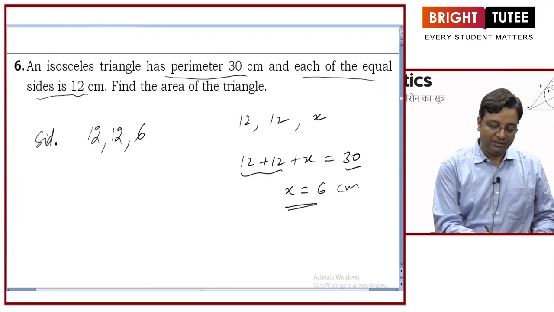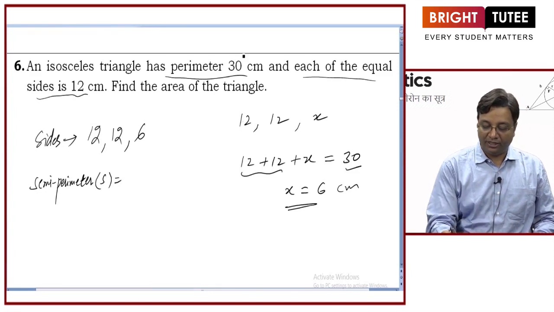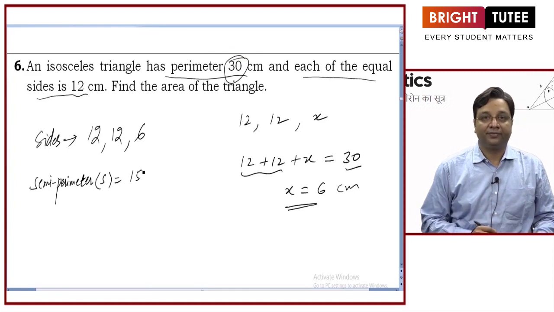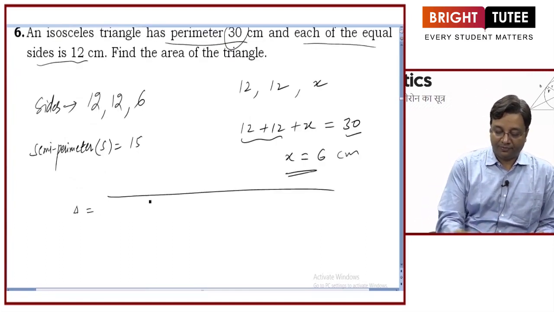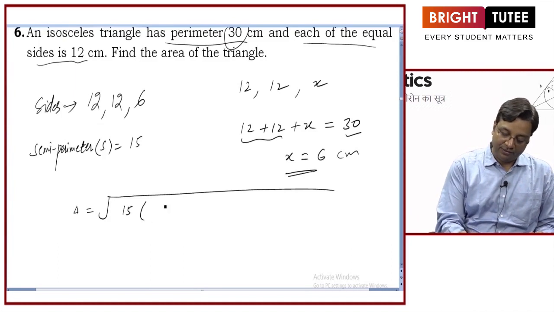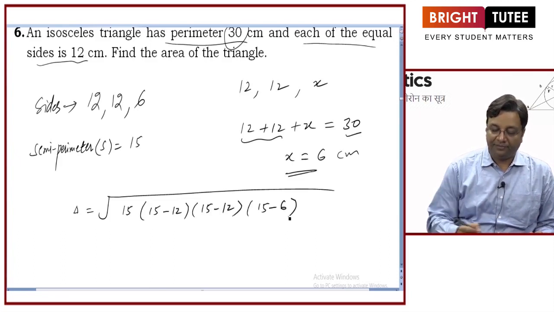These are the sides. What is semi perimeter? It is half of perimeter. So, perimeter is already given, that is 30, half of 30 is 15. Now, let us apply the formula. Semi perimeter, now s minus a, s minus b, s minus c.